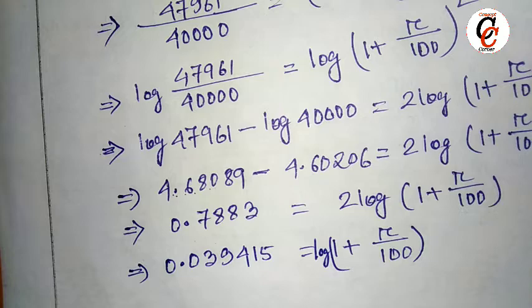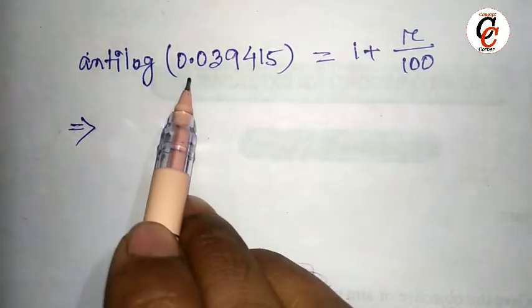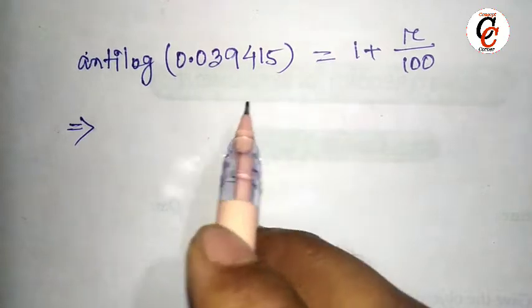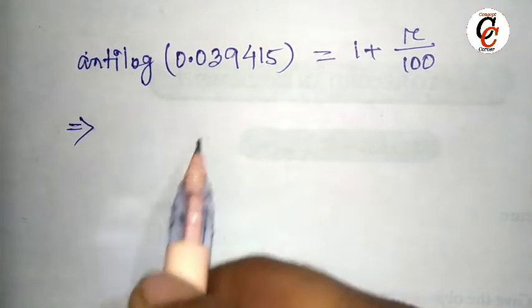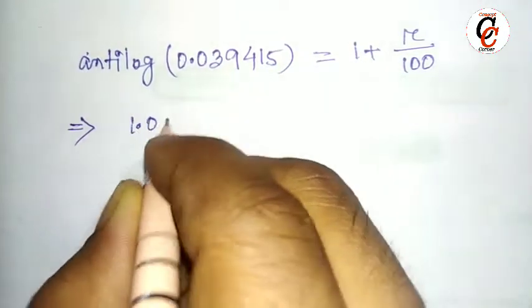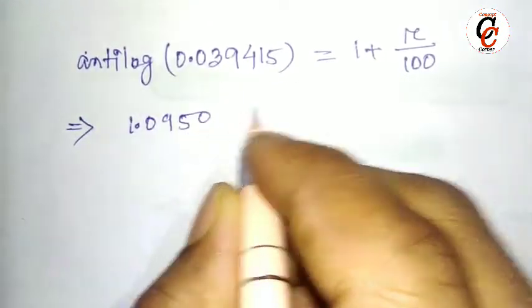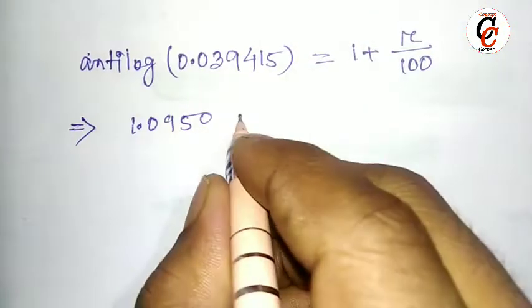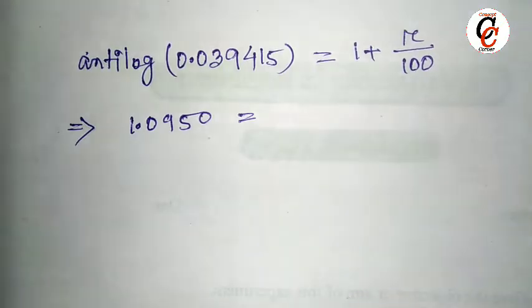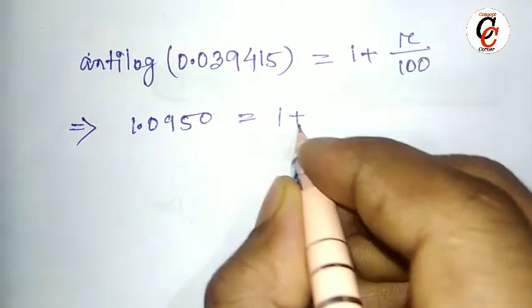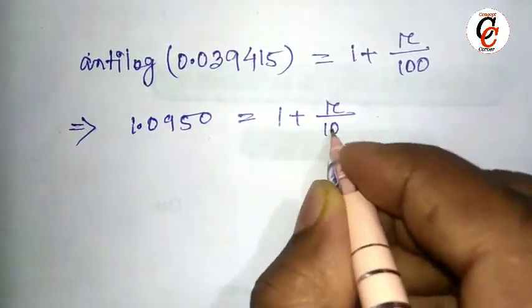So anti-log of 0.039415 is 1.0950. You will calculate it from the anti-log table, and here it remains 1 plus r by 100.